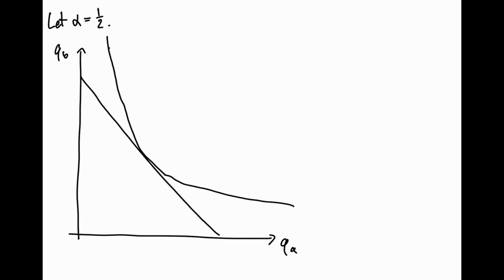Okay. So we have a couple of points. Our first point is given our original prices. So let's check this first one. Let's say the price for A is equal to the price for B, which is equal to 4. And we'll let income equal 240. I've already done the math here just to save a step or two.